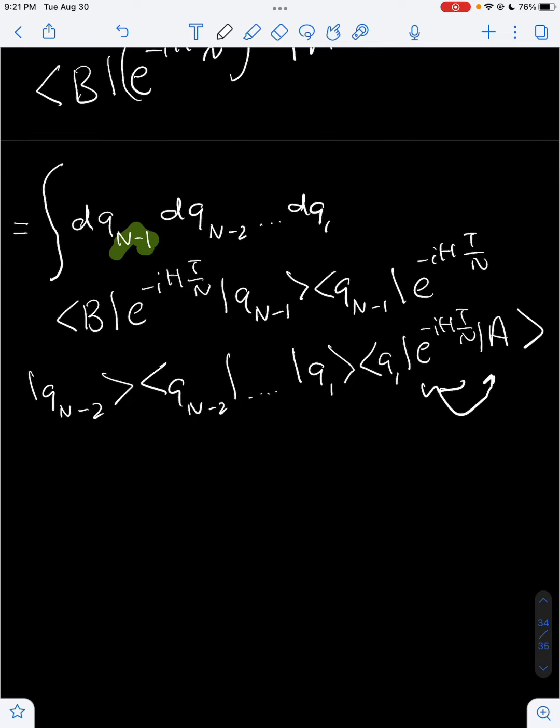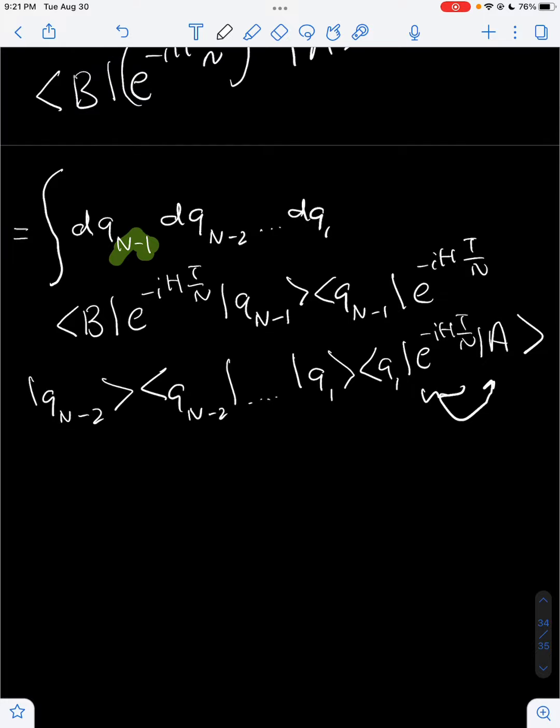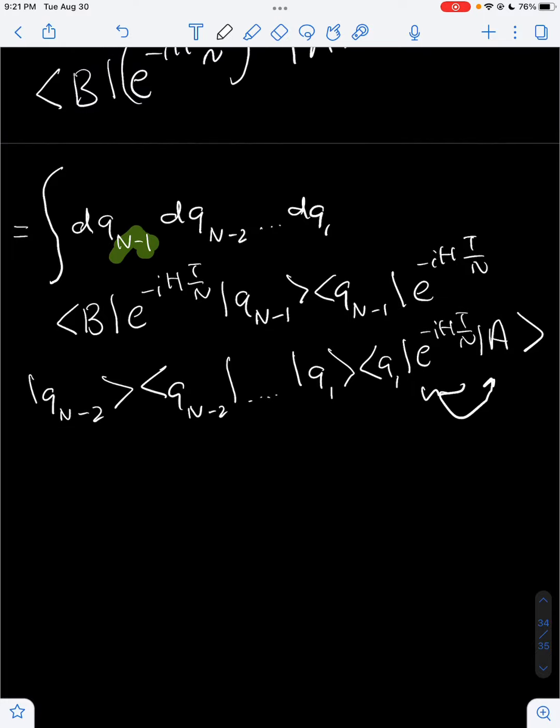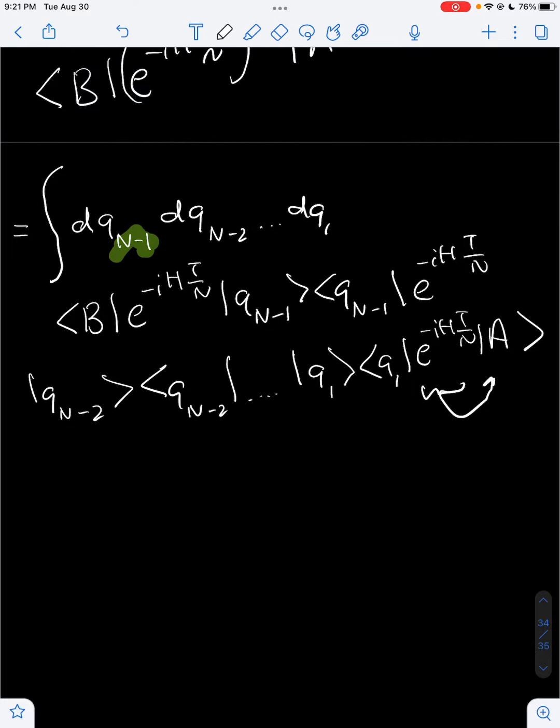So we're going to have one of those time slices reserved for the final position, that final a position eigenstate. So we're not going to start at dq n, because that implies that the last slice will go to a q, but instead we want n minus 1 since one of those slices is already acting on a.